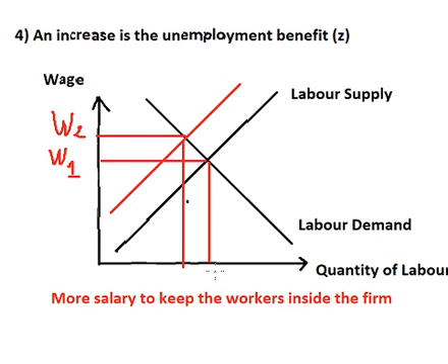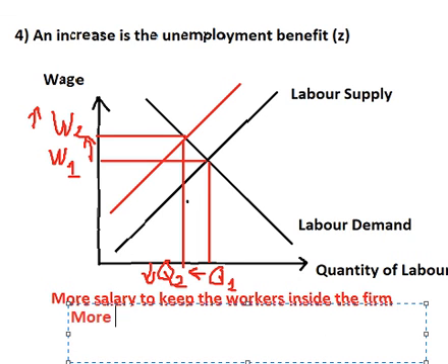This is Q number 1 and Q number 2. So the wage increases, the quantity reduces, and that means we have more unemployment. Because of more unemployment, they can get unemployment benefit.